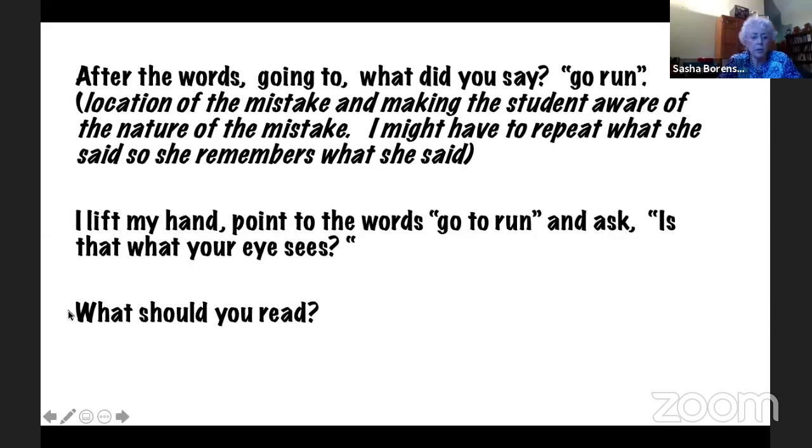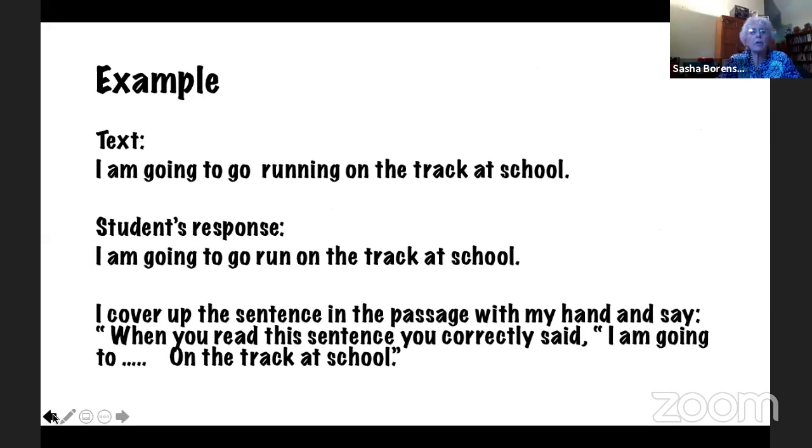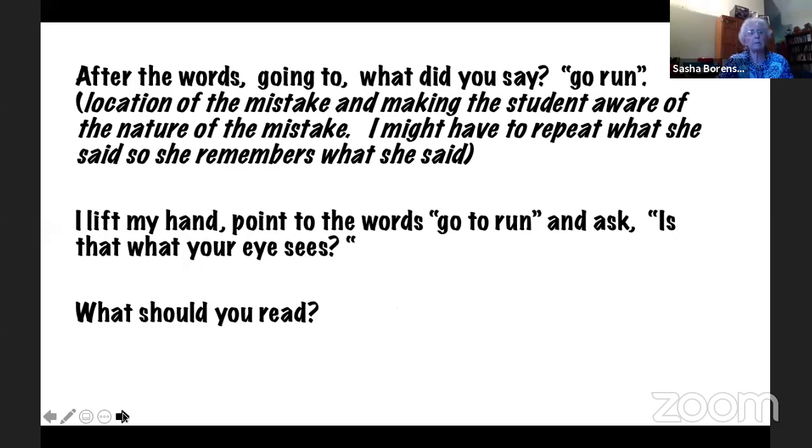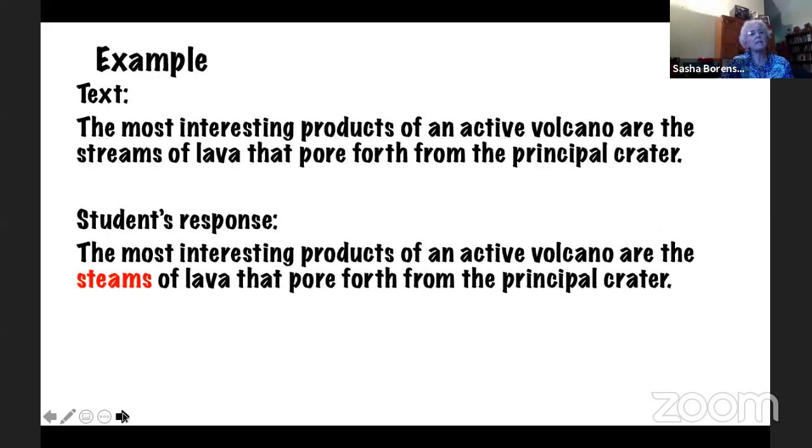Is that right, Sasha? I'm going to go running, not run. Okay. So that's the jig. That's how you do it. You tell them where the mistake is, what is right, and then you ask them questions and then have them compare it to what they read.